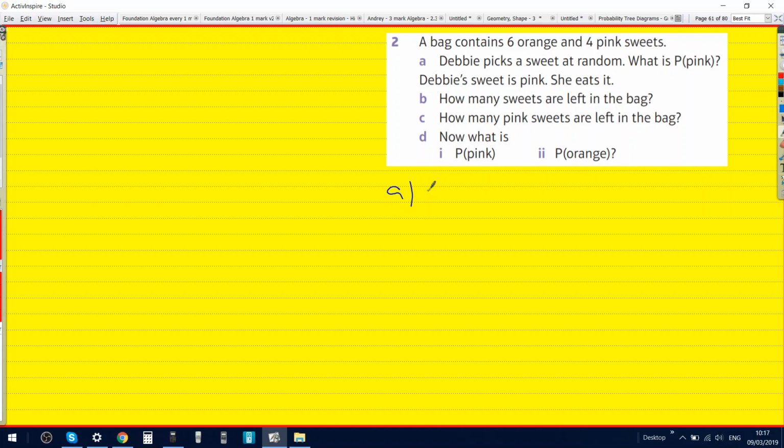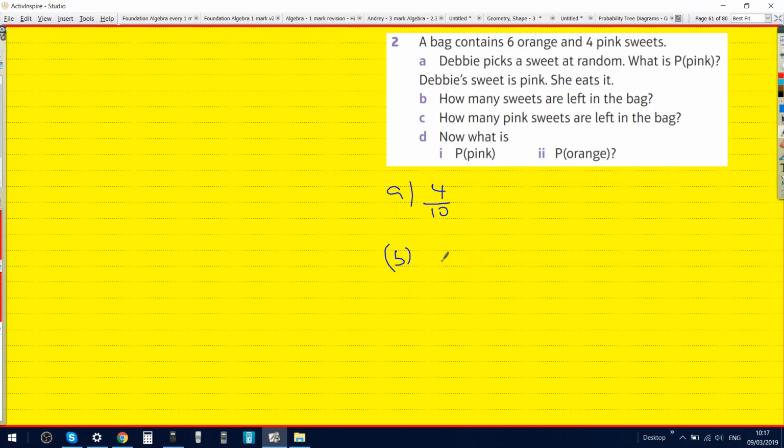Probability of pink, 4 out of 10, yeah. Someone picks a sweet at random. What is the probability? So would the next one be 6 over 10? So it's just saying how many sweets are left in the bag.